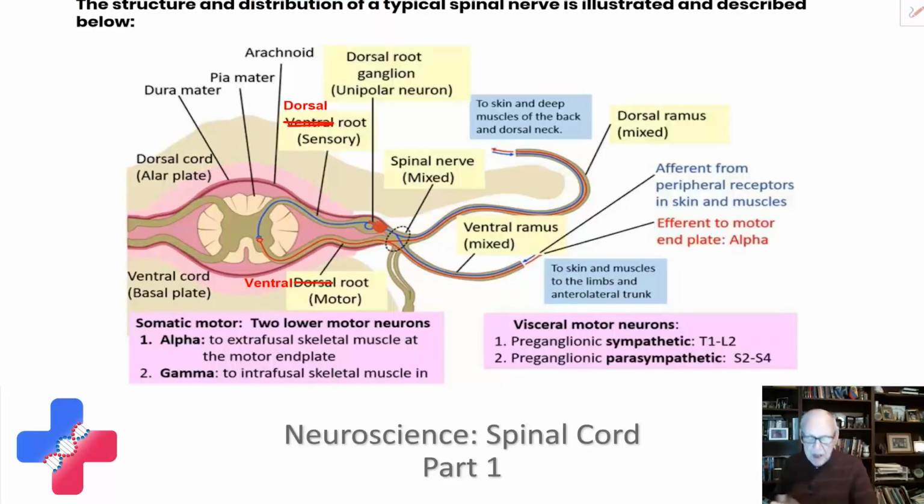Now, the number is not important for exam purposes, but you may remember that in a typical dorsal root, there are up to 40 to 50,000 of these unipolar neurons housed in this dorsal root. So when you think of the dorsal root, that's many of these central processes that make it up.